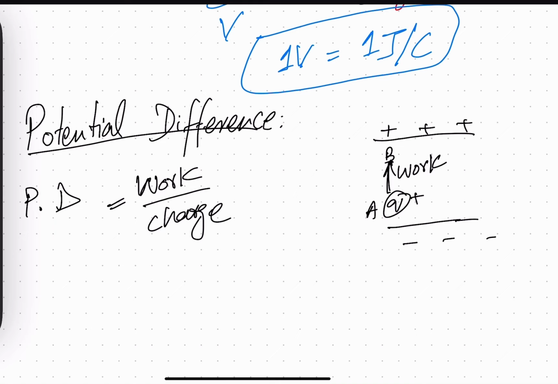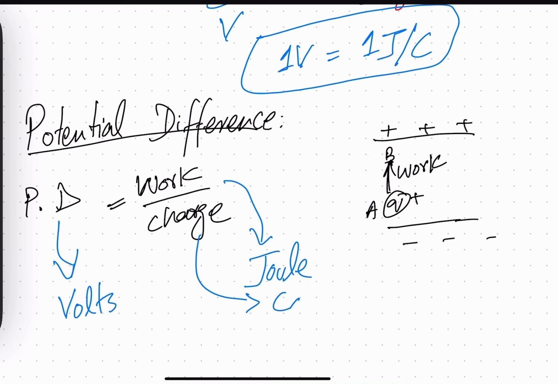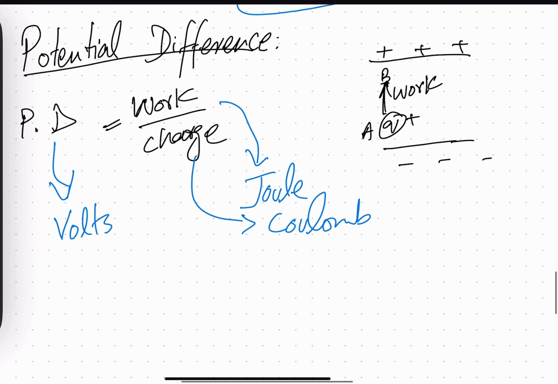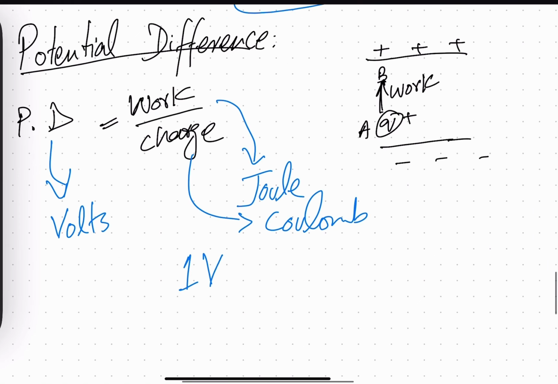So potential difference is measured by the work done per unit charge, and EMF is measured as the energy provided by some battery or cell to move a charge from one point to another. Potential difference is also measured in volts, since work and energy have the same units. As we know, it's joule, and for charge it is coulomb. So for potential difference, 1 volt is 1 joule per coulomb.